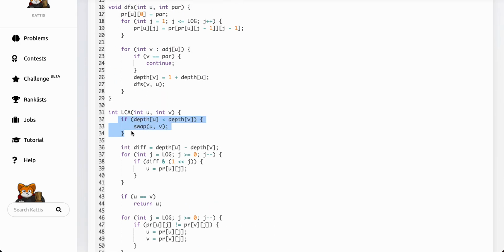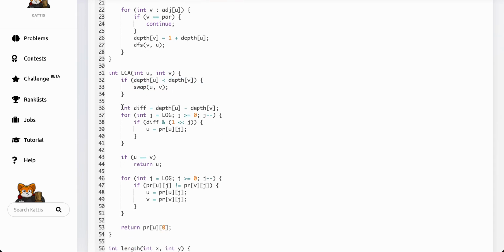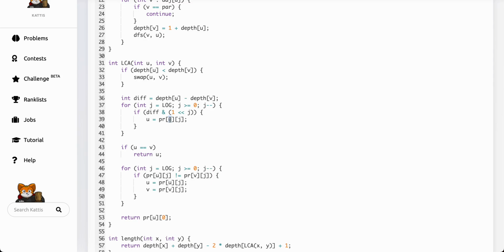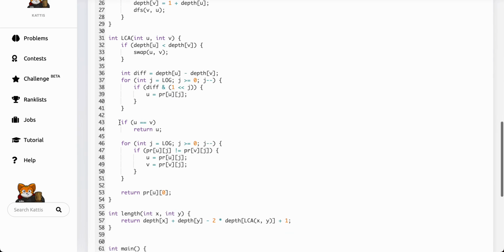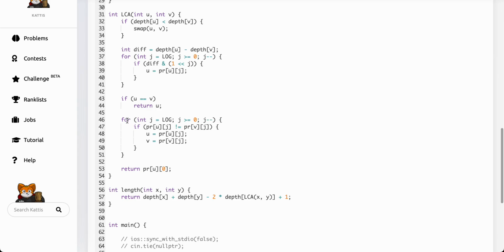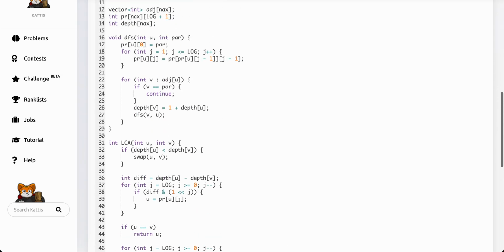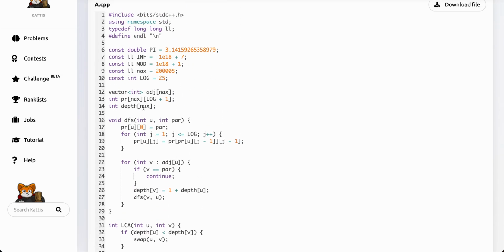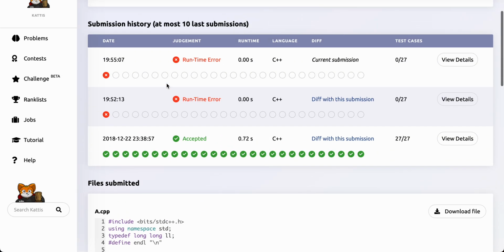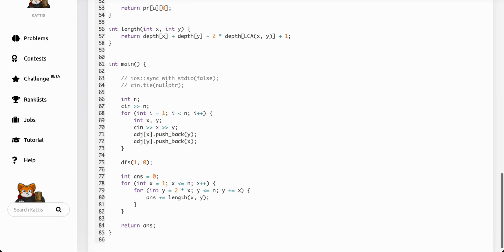If depth of u is less than depth of v, swap u and v. Find the diff. Go up from u. If v and u are equal, return u. Go to parents that are not equal, keep on moving. Finally this one. Depth is also fine. Why is it wrong?